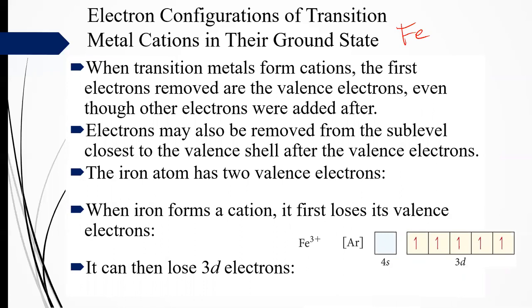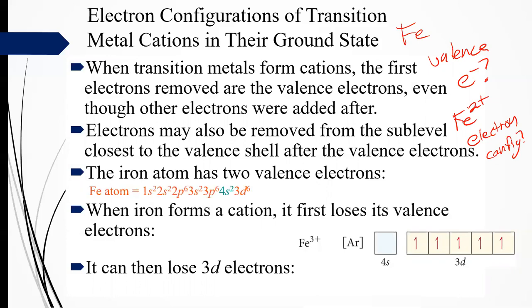And once you have that, then I want you to tell me how many valence electrons there are. And then if I was going to ionize it, turn it into Fe2+, what would that electron configuration be?